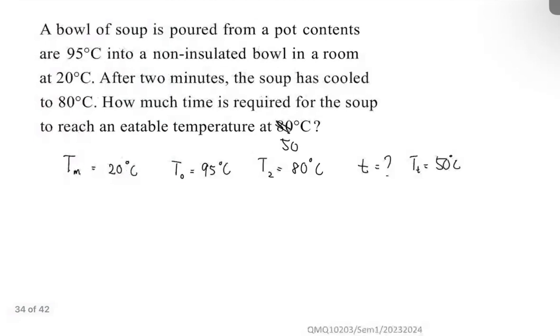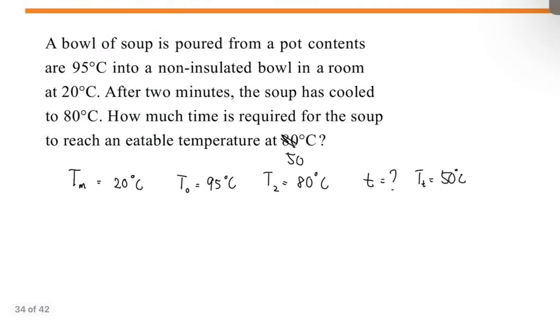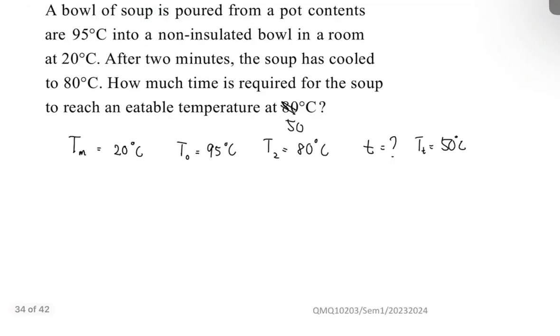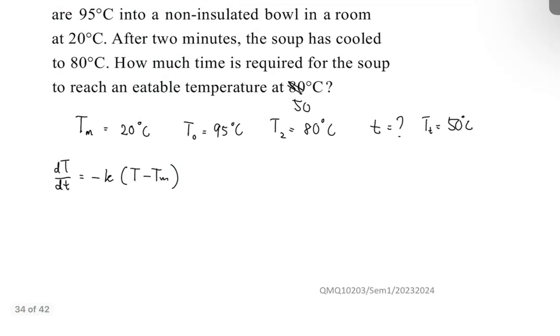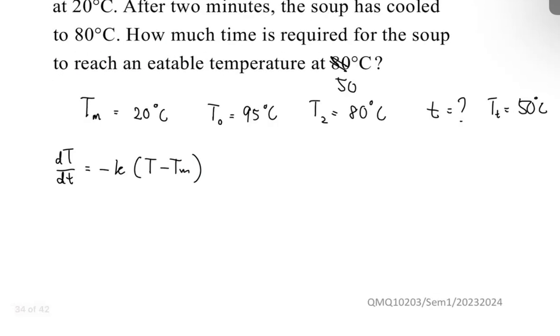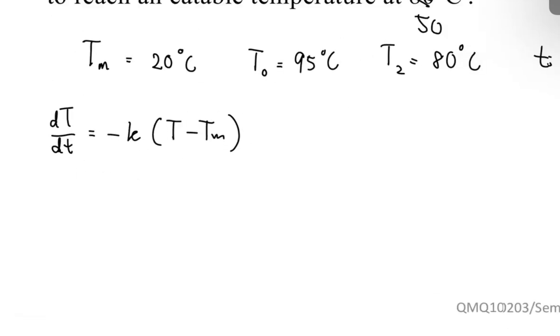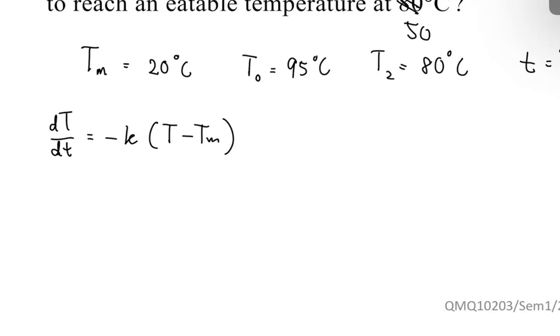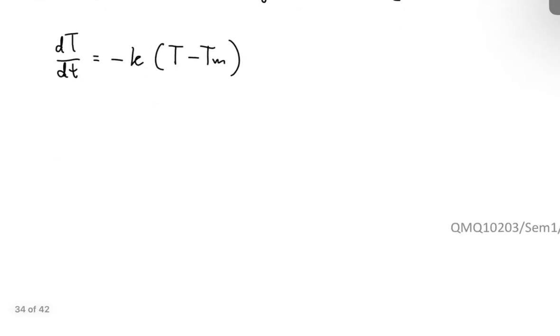So let's start from the first one, the derivation of Newton's law. We know that Newton's law is given by dT/dt equal to negative k times (T minus Tm). Actually you don't need to derive this, you just need to remember the formula, but in order to understand this problem, let's try to derive it.